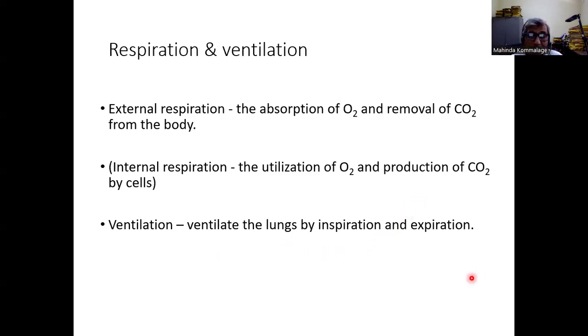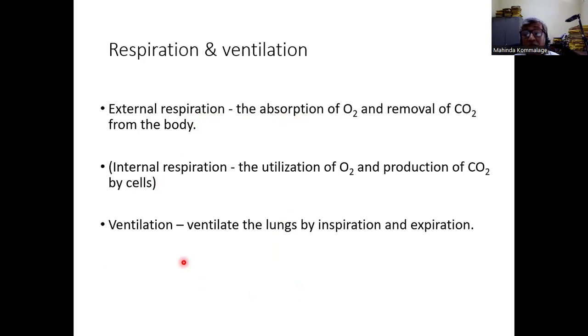Using inspiration we take air into the lung, and using expiration we remove that air. Aswasa, praswasa in Sinhala. Of course, there should be a nice word in Tamil. So inspiration and expiration is ventilation, but respiration is slightly different. It's related to gases. We will learn about the ventilatory mechanisms, the physiological aspect of ventilation, in this lecture today.